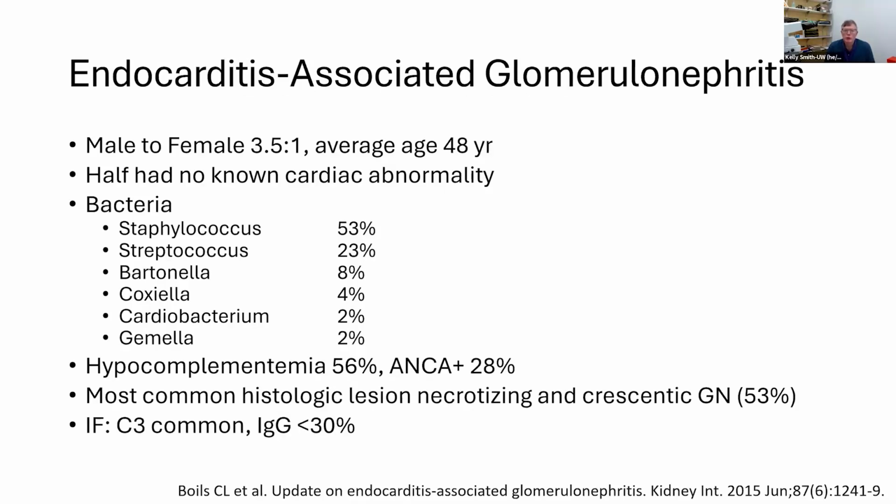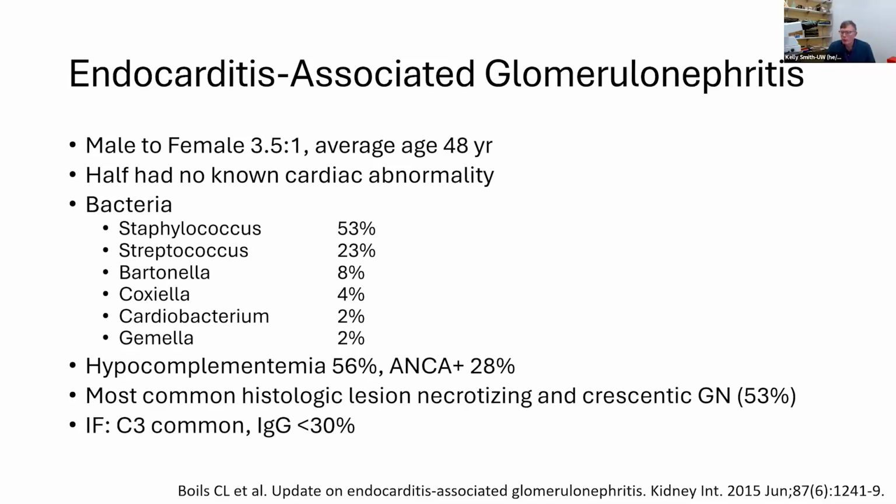For the endocarditis-associated glomerulonephritis, there's a nice review from several years ago that's listed at the bottom here. It's more common in men. Many of the patients have no known risk factor, no cardiac abnormality, no valve abnormality to suggest that they would have endocarditis. When you look at the bacteria, Staphylococcus and Streptococcus are the predominant ones, but we're seeing more commonly some of these rarer infections.